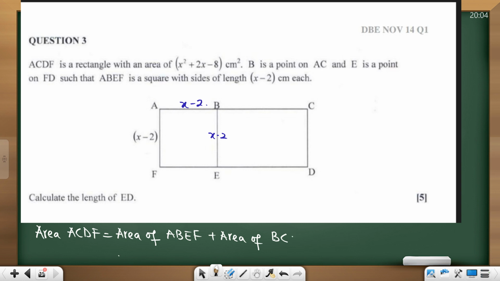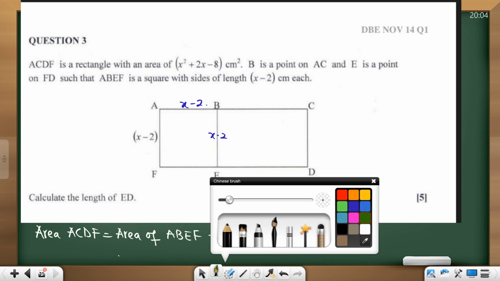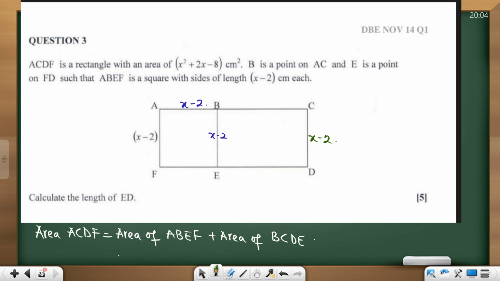Rectangle BCDE. By the way, this is also what? We are given the area of the rectangle. How do we get this? Right? Can we get the area of the square?